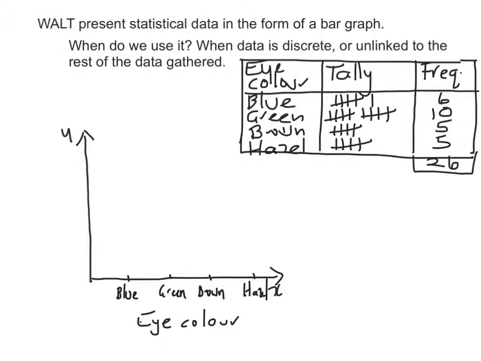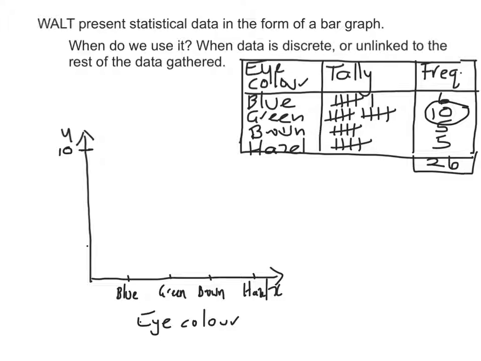On the y-axis, at evenly spaced intervals, we will look at the largest number in our frequency chart. This shows us that we need to go up to 10. That's our highest recorded number.